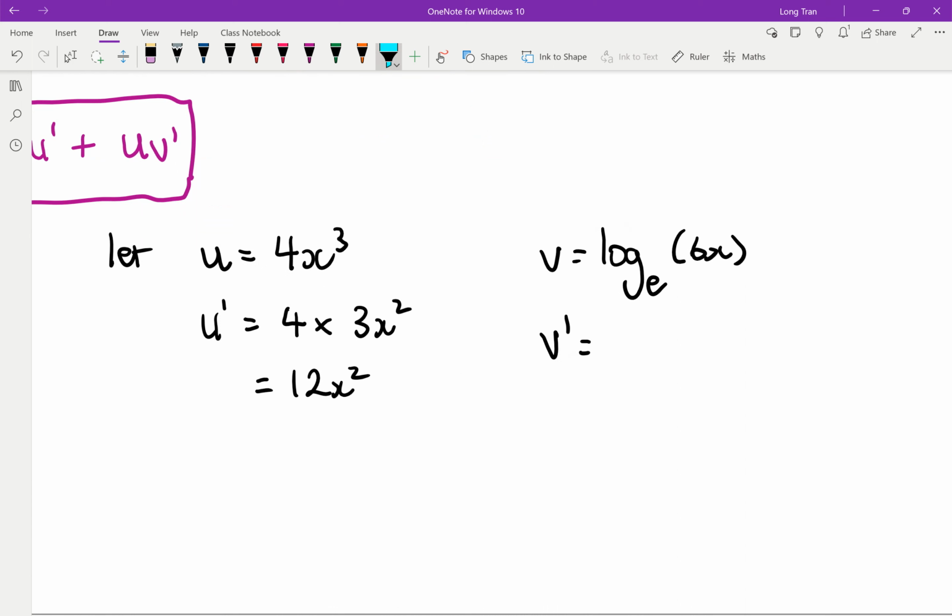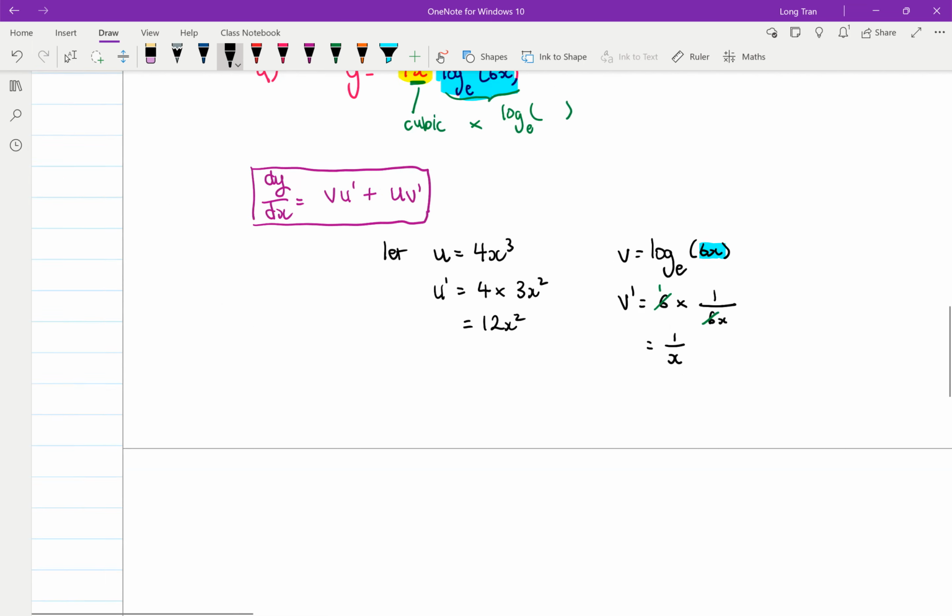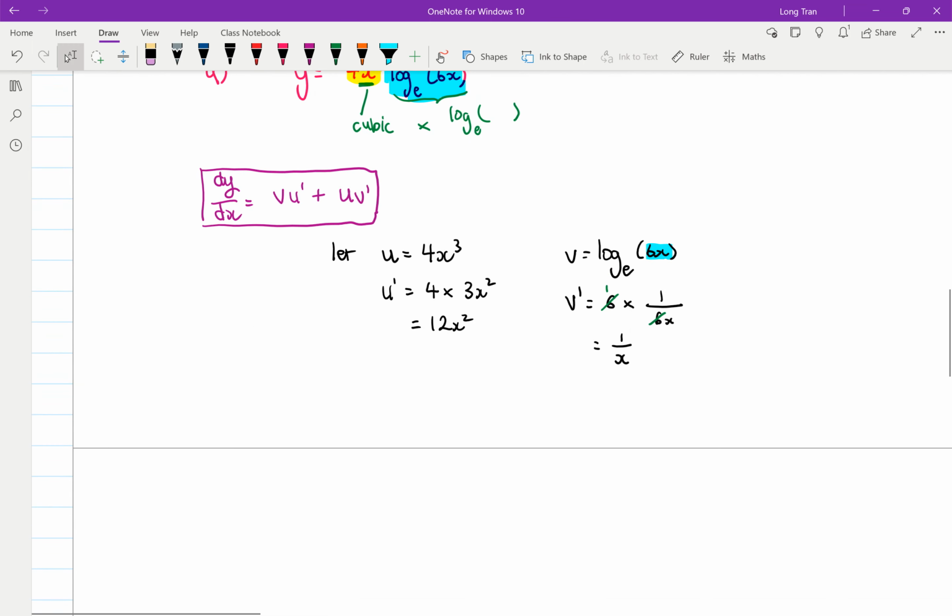I am going to do the derivative of 6x, which is 6, multiplied to the derivative of log itself, and that is 1 over normally x, but in this case it's 6x. But notice that the 6 and the 6 will cancel out. 6 divided by 6 is 1. So 1 times anything is then itself. So 1 on x.